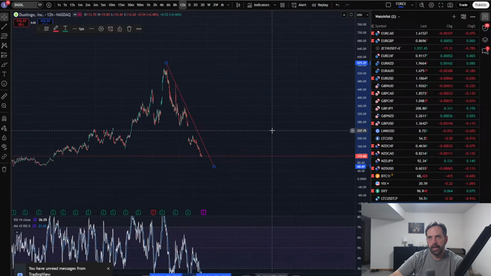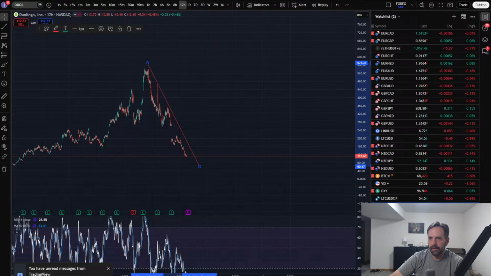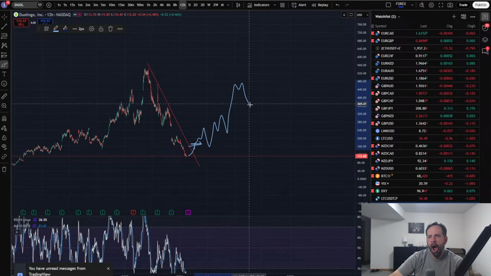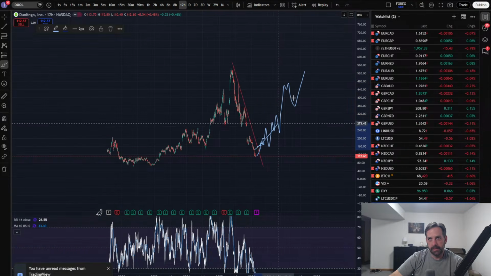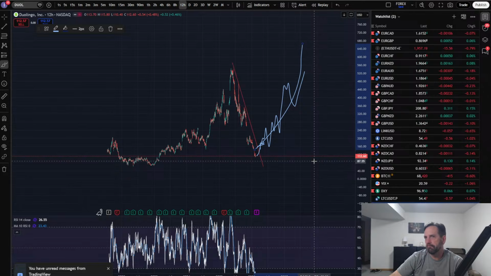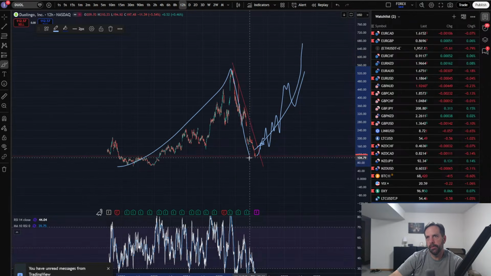If that line breaks to the upside, that certainly gives me good buy feels. It'd take a while, but yeah, I'd like to see it start moving up. So that doesn't look bad. Looks like a 1-2. Looks like a decent bet.